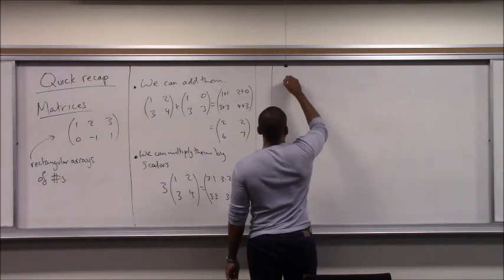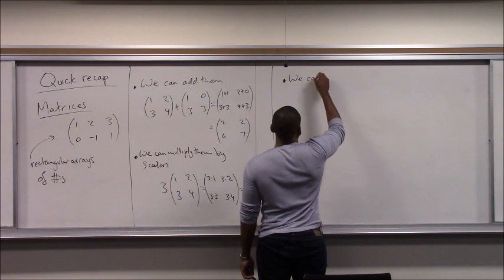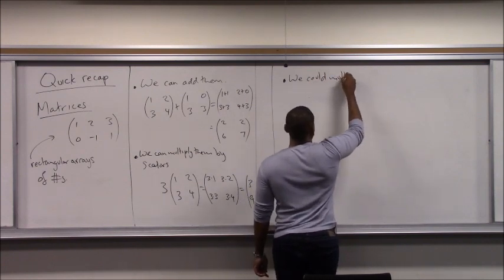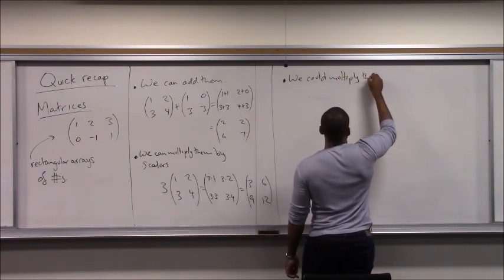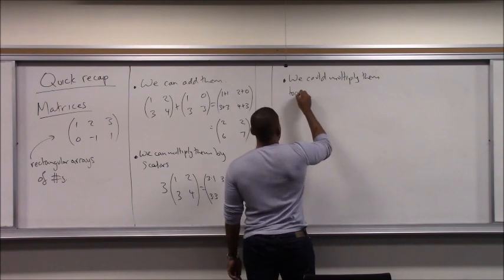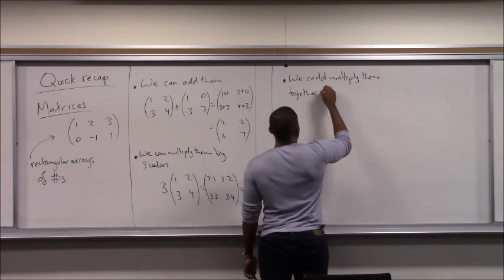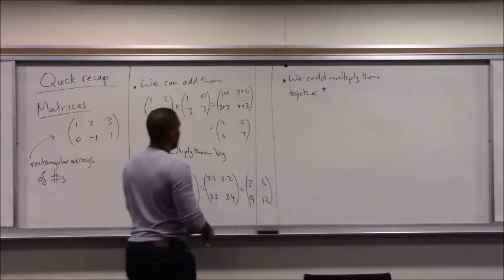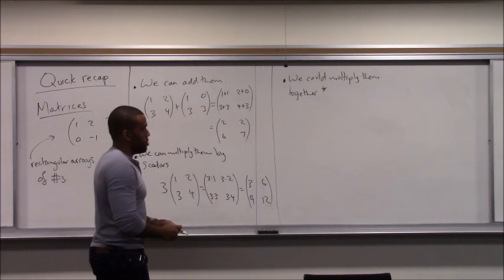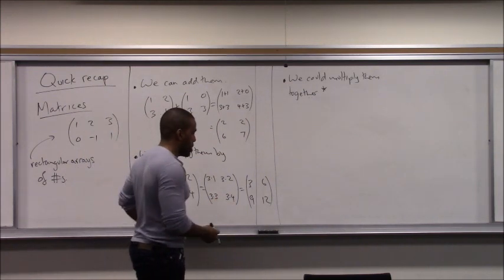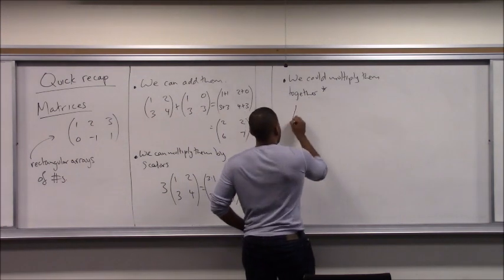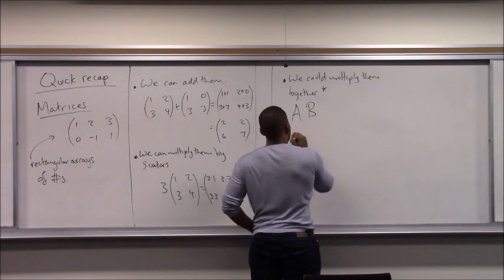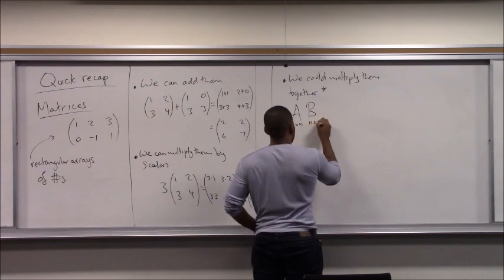We could also multiply them together. But this one was kind of weird. I didn't really explain to you guys why it had to be this way, but the definition for matrix multiplication was kind of different. So to multiply AB, let's say this is n by n, that is n by p.